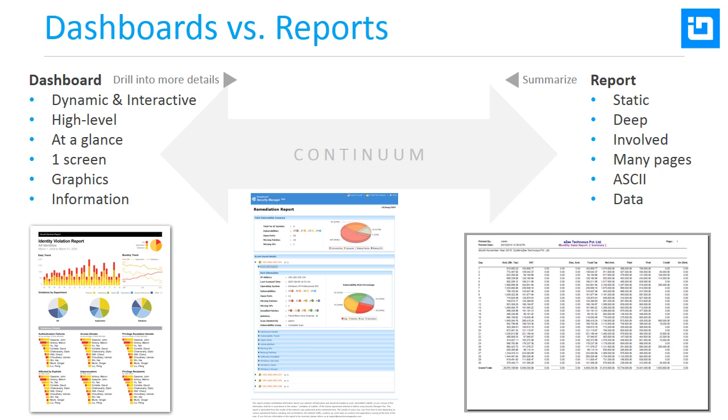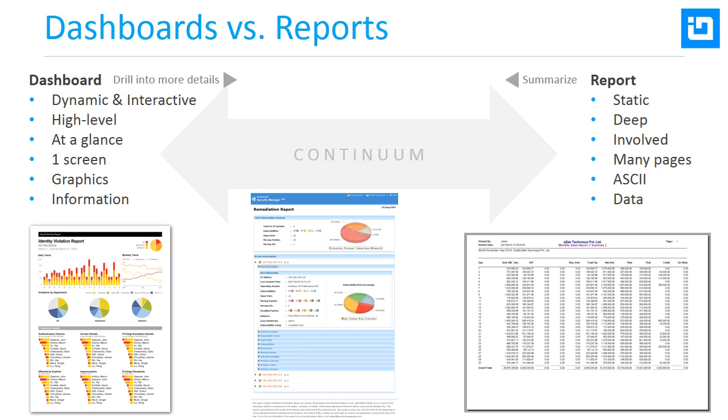A report actually may have many pages, and so here you see at the bottom a typical printout of a report. Because we have a lot of data, it goes really deep, and it's involved. It's typically spanning several pages, if not pages, then screens. Dashboards are typically dominated by graphics.